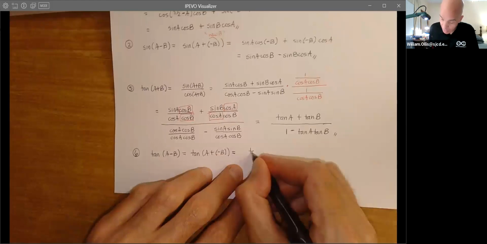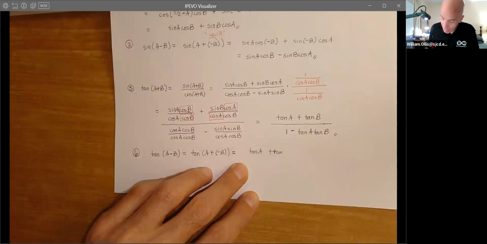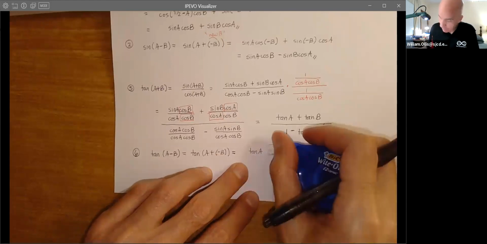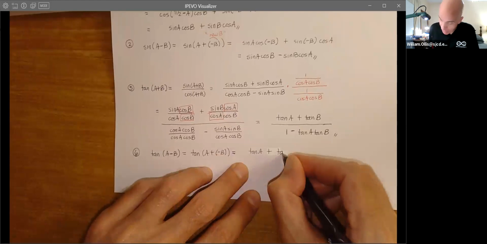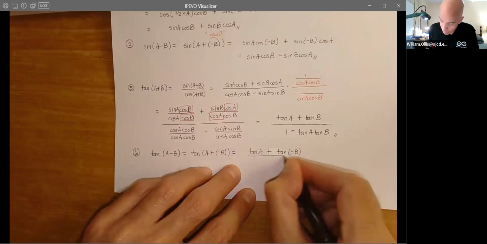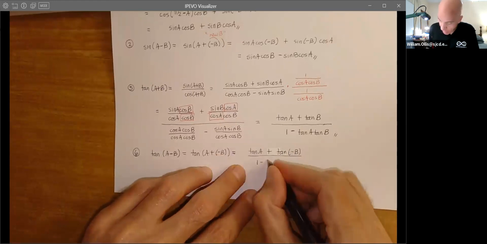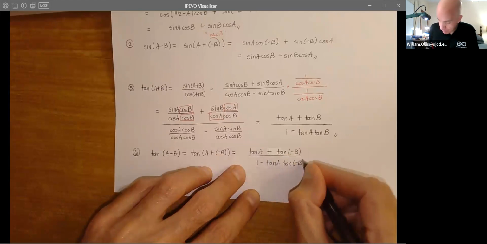So tangent A plus tangent, well, that kind of ran together. Let me do that again. Plus tangent of the additive inverse of B, or negative B. And then we have 1 minus tangent A, tangent additive inverse.